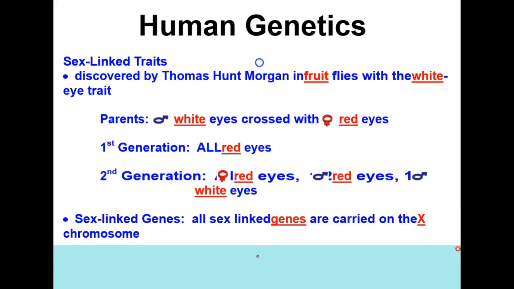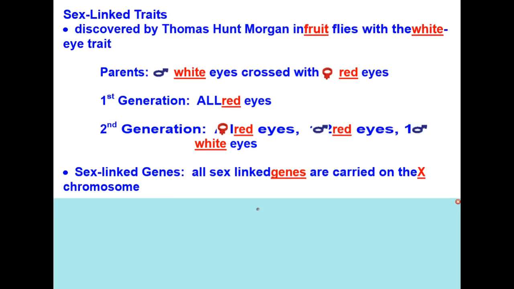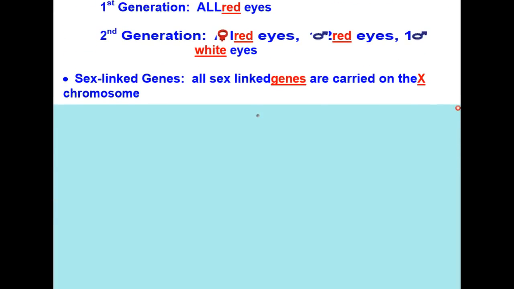What we've learned is that sex-linked genes are carried on the X chromosome. All right, let's do a little review here. You may remember that females have 2 X chromosomes and males have an X and a Y chromosome.